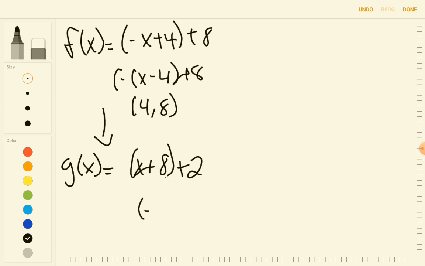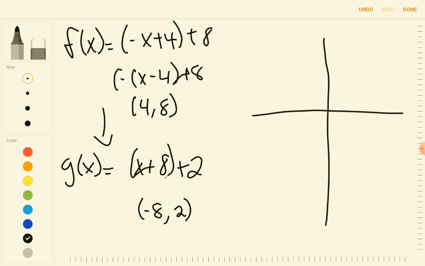And our vertex here would be negative 8, comma 2. To draw it out on a coordinate plane, now it would be 4, negative 4 and 8. And it would be negative 8 and 2.